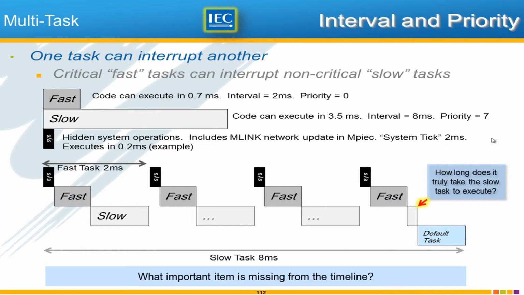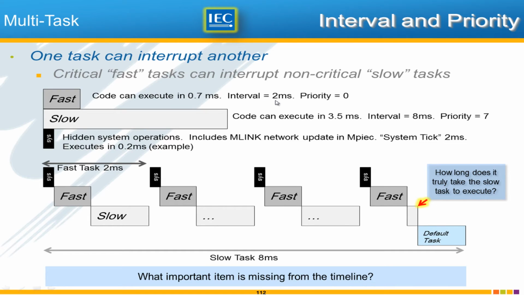So let's take a look now at these cyclic tasks and the system tick and see how this interacts with each other. The idea here is that one task can interrupt another, and the critical fast tasks will interrupt non-critical slow tasks. So let's just pretend that for now the fast task takes a certain amount of time. I'll just put a number on it of 0.7 milliseconds.